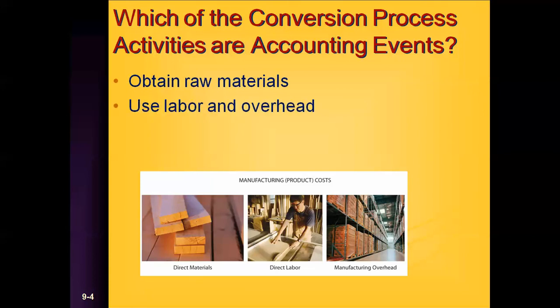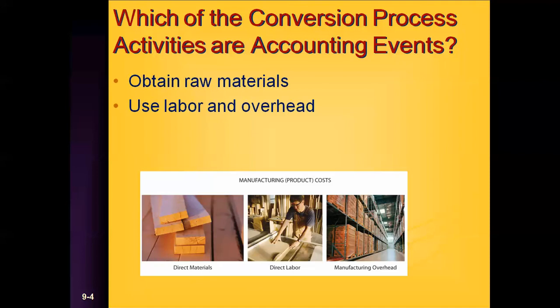Secondly, using labor and overhead. As we show here in the middle picture, we've got direct labor on the IKEA assembly line, and he's in a factory, so there's overhead associated with that. The accounting event here is that it increases work in process inventory. You'll hear that term frequently through this chapter. An acronym for that is WIP.